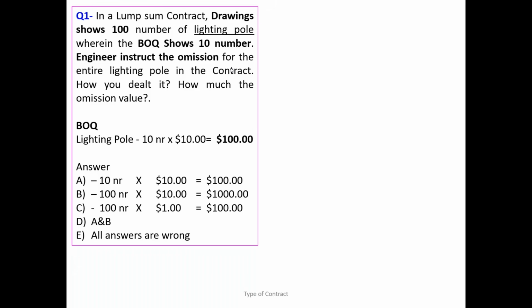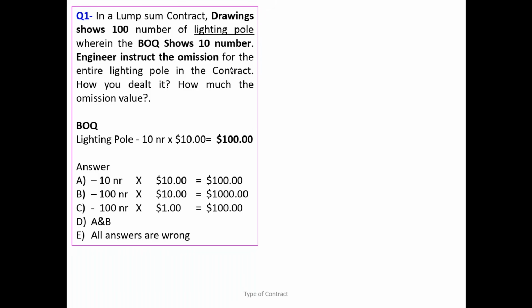Remember, the BOQ is the production from the drawing and the specification. It's like a baby. The masterpiece is the drawing and the specification. From there only we derive the BOQ, right? Sometimes while you do the BOQ, you make so many mistakes. Quantity error, rate error, everything. That is common.